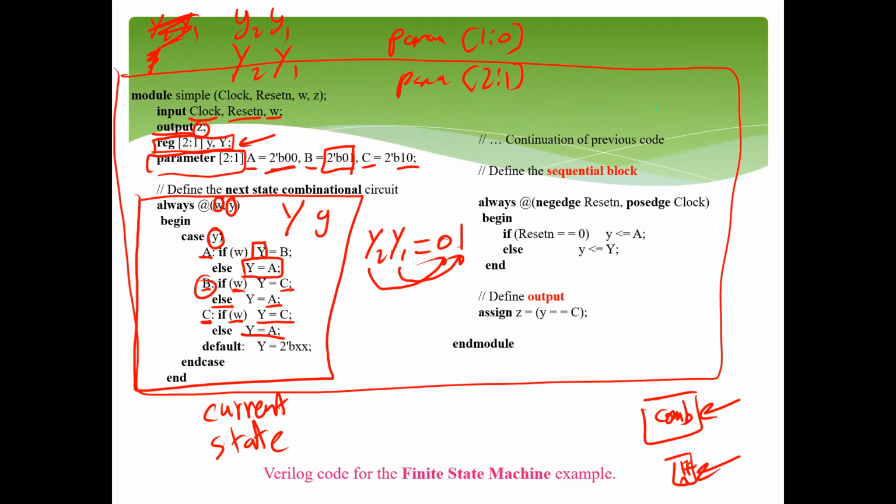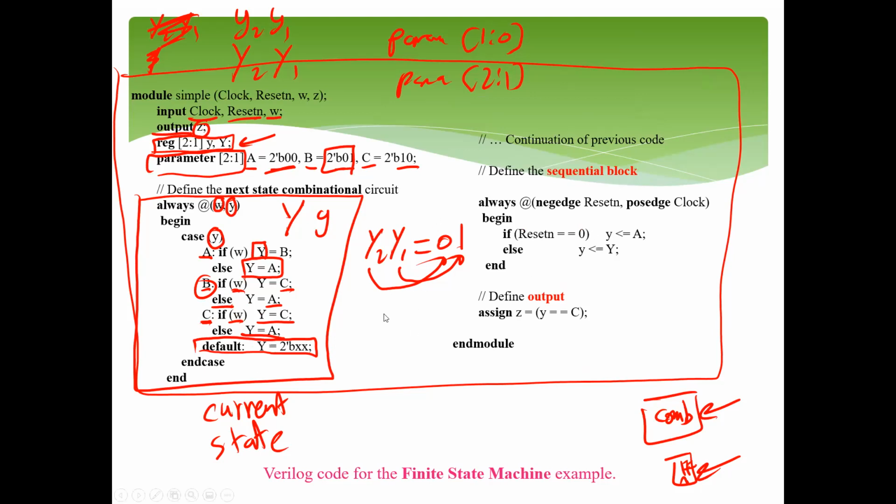Now, Y is 2-bit. Okay, so I should have 4 cases. I can add the default case, which will make the value of Y don't cares. Now this will end the description of the combinational circuit part.